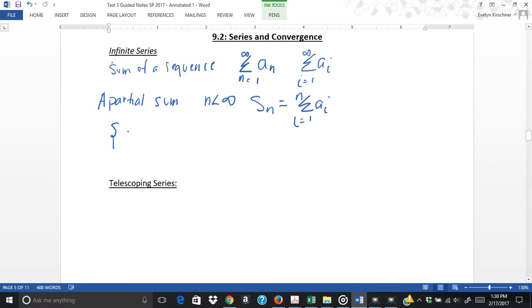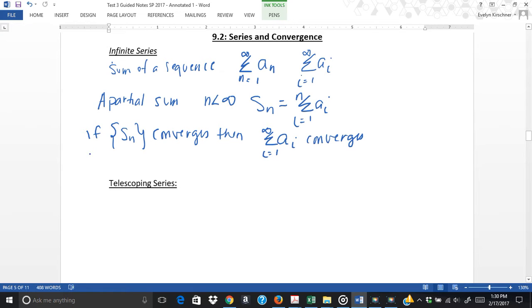And if my sum converges, so if my sums, because I have a whole bunch of sums when n is 1, n is 2, n is 3, if that converges, then I know that this converges. As n gets bigger, this goes to infinity here.